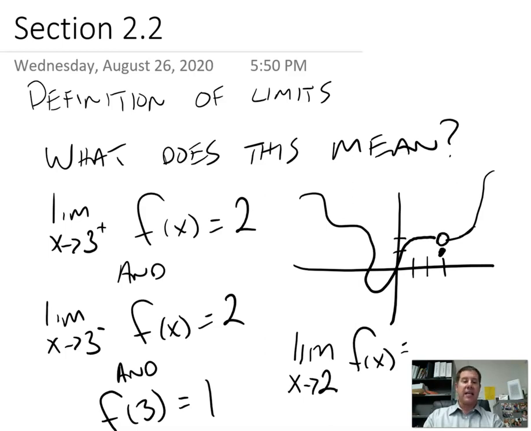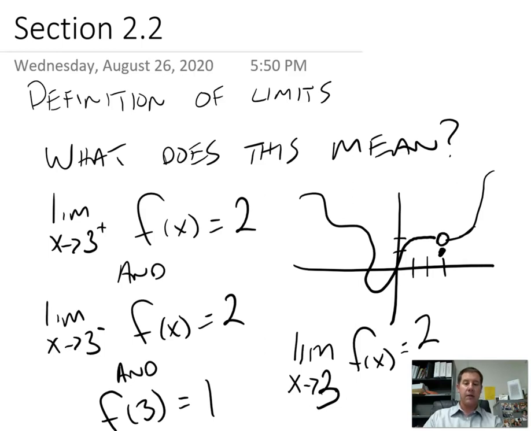In this case, from the left I'm approaching 2, from the right I'm approaching 2. Because I'm approaching that same value, they both approach 2 on the y-axis from both sides, then that limit exists, and the limit is 2.